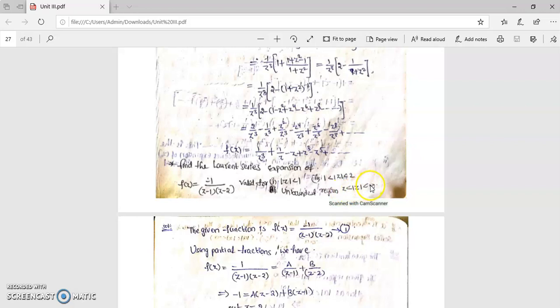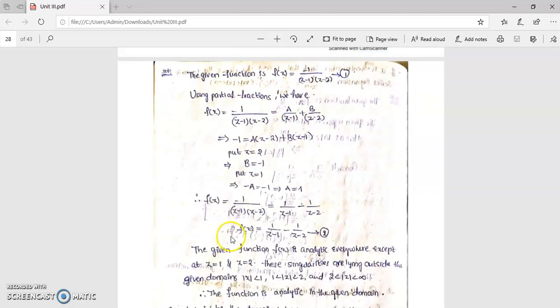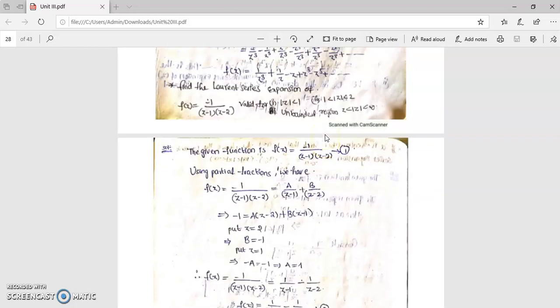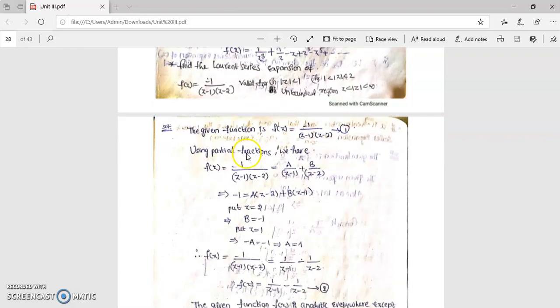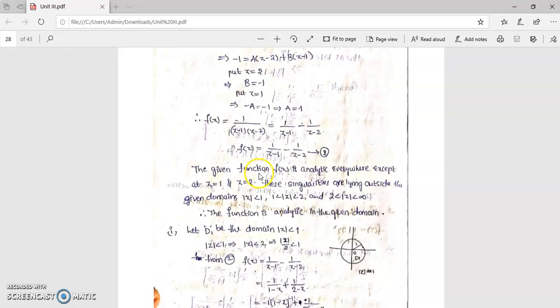2 and infinity. First we take the given function f(z) and write it in partial fractions. Then we get f(z) = 1/(z-1) - 1/(z-2), and therefore the singular points are 1 and 2, two singular points for f(z).